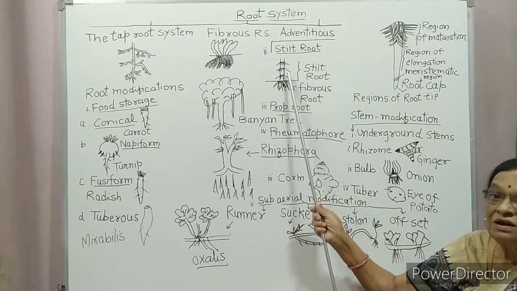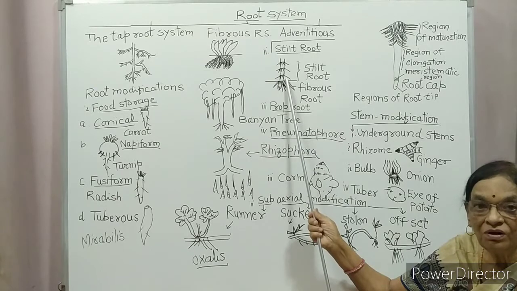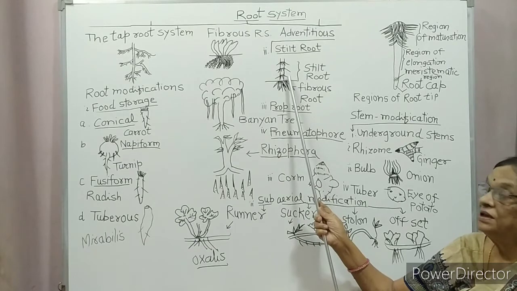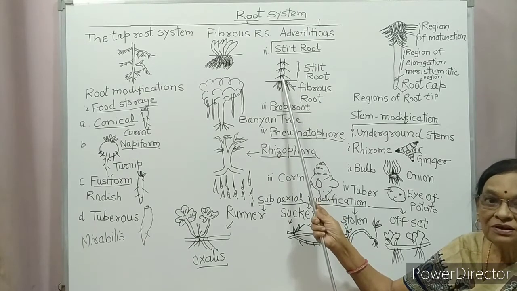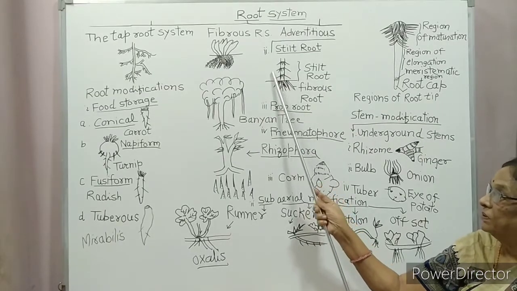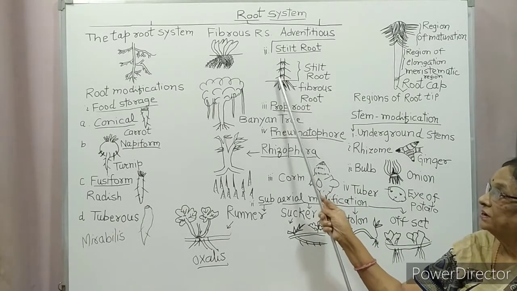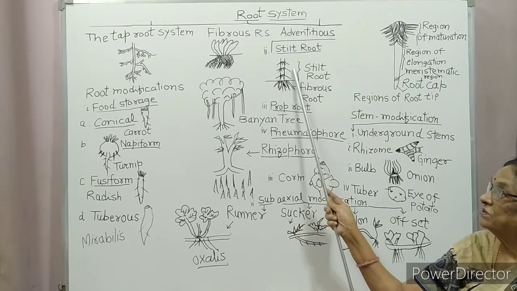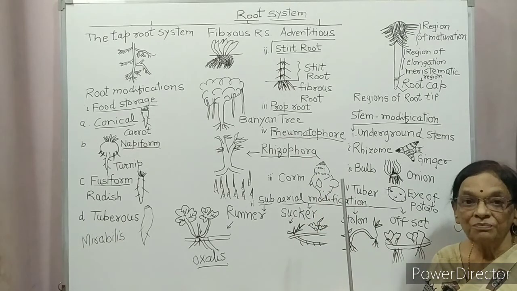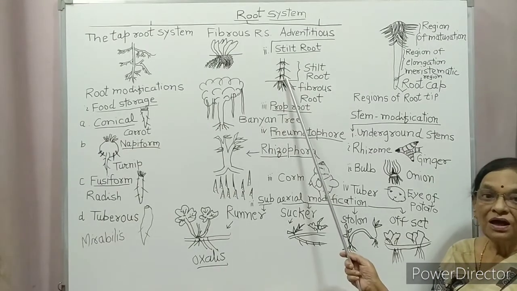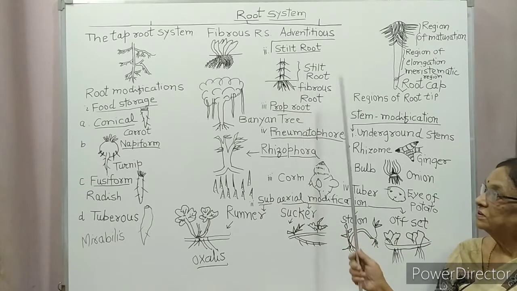So some extra additional roots grow from the part which is above the ground. They help in fixation and in support to the plant. Roots grow obliquely towards the ground like this. They will not remain as such. They will elongate and grow towards the soil and fix the plant with the soil. So such supporting roots are called stilt roots.